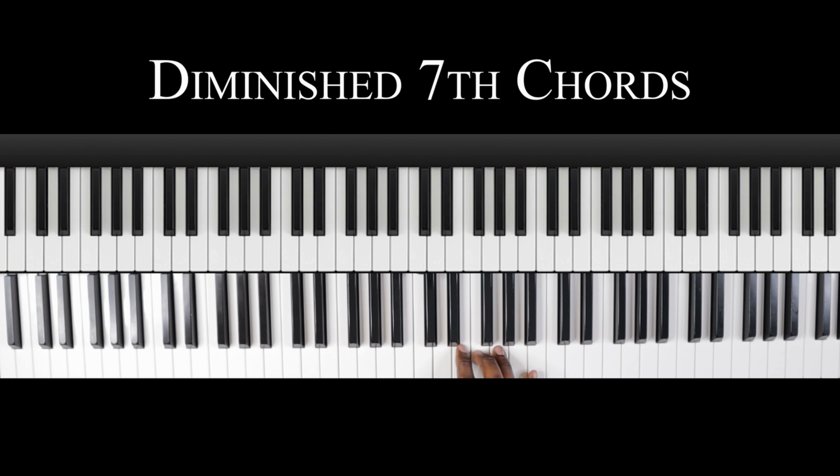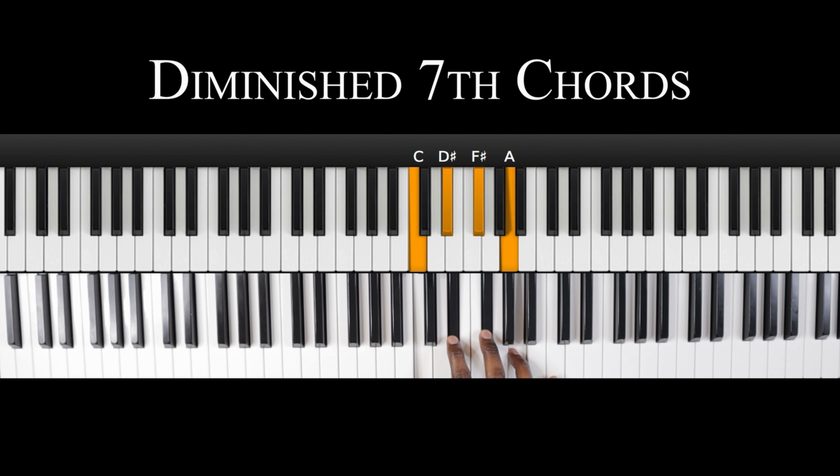Now, if this is C dominant seventh and I brought down just the third and the fifth, that's going to give me C half diminished seventh, because this is not fully diminished. So I'm going to take this down. There we go. Now we have A instead of B flat. So now we have C diminished seventh.